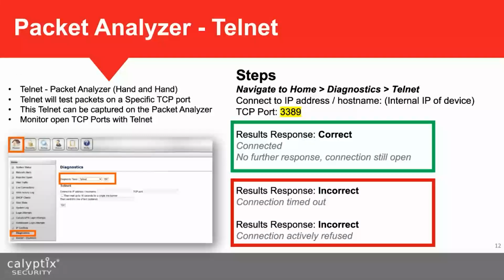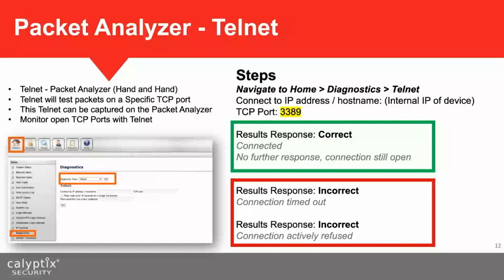Another diagnostics tool that I use with the Packet Analyzer is Telnet. If someone says, hey, I can't get to that device internally, the first thing I do is go to my Calyptix device. I'll go to Home, Diagnostics, and do the drop-down under Telnet. I will try to Telnet to that internal device on the port that they have.